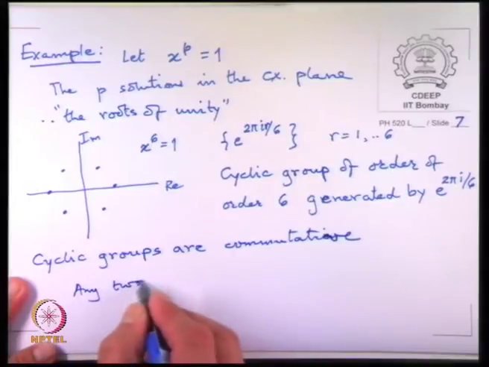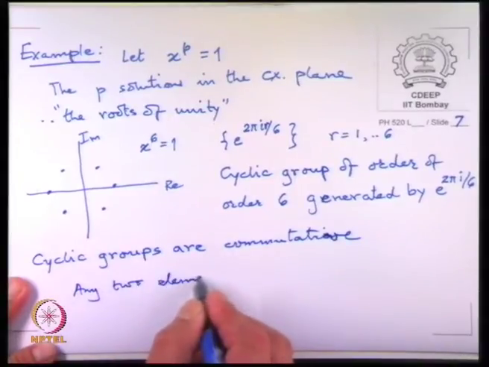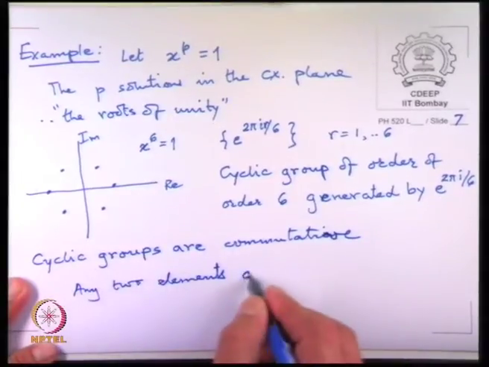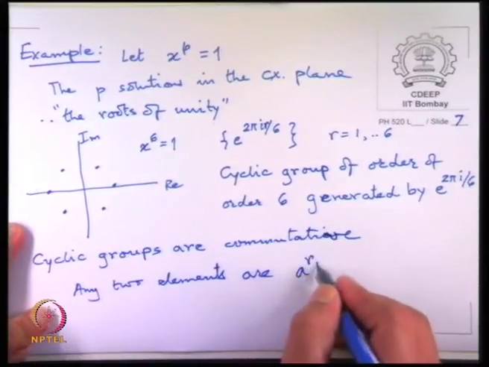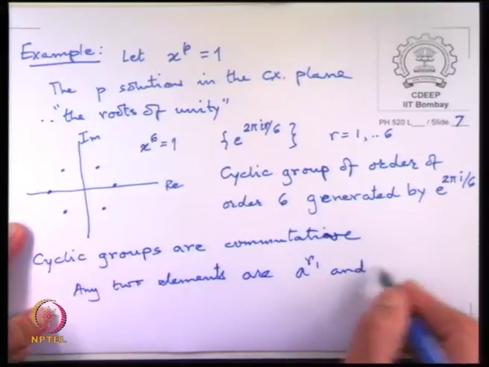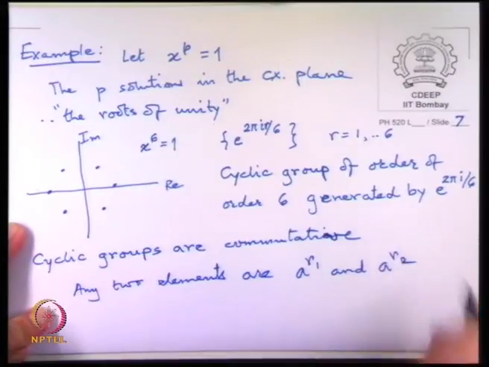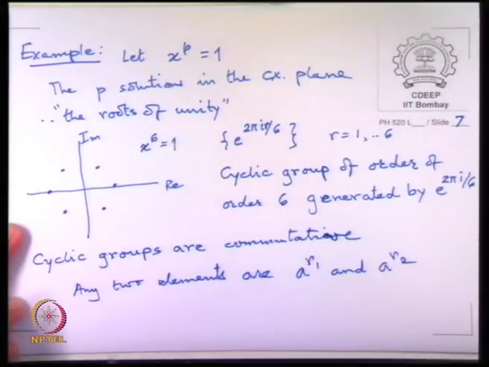Any two elements are a to the power r1 and a to the power r2. You can always write them like this, so clearly it's a commutative group.